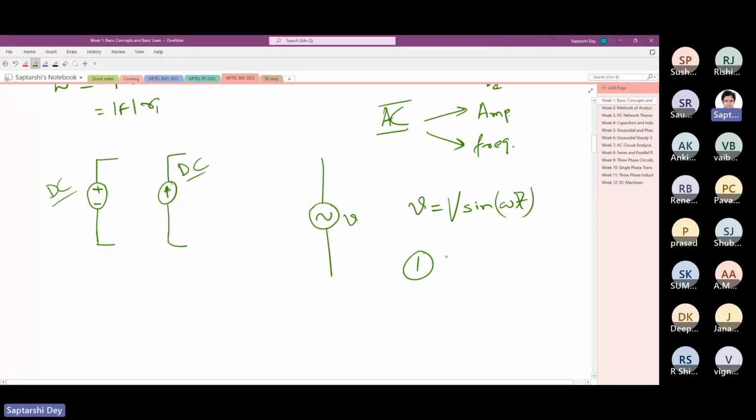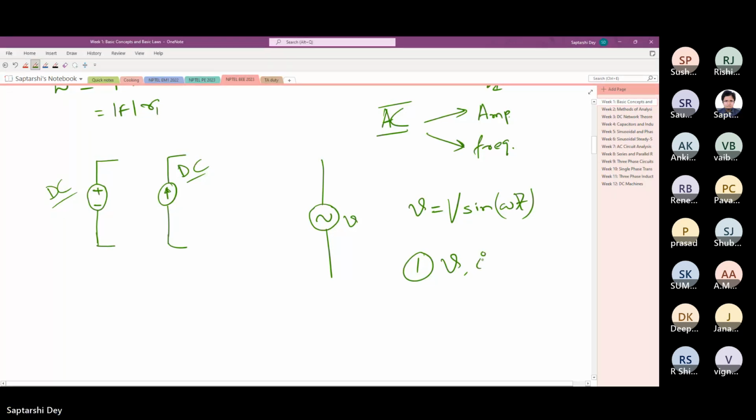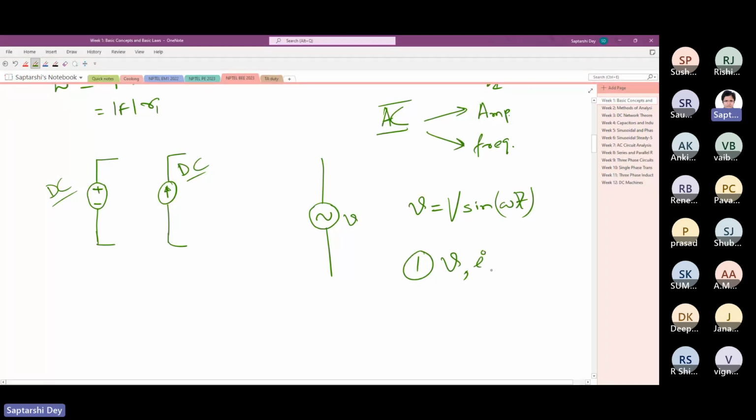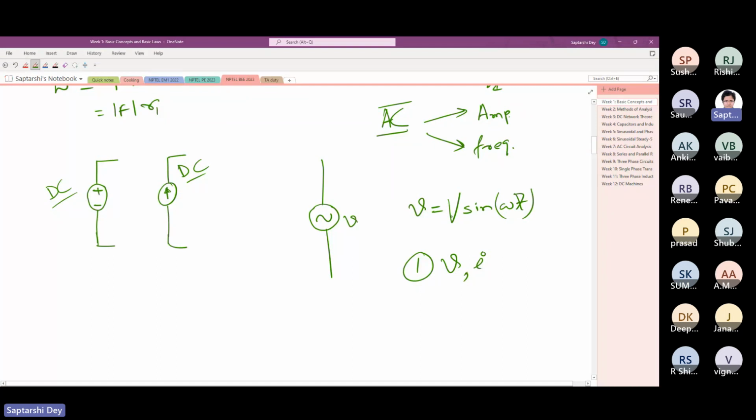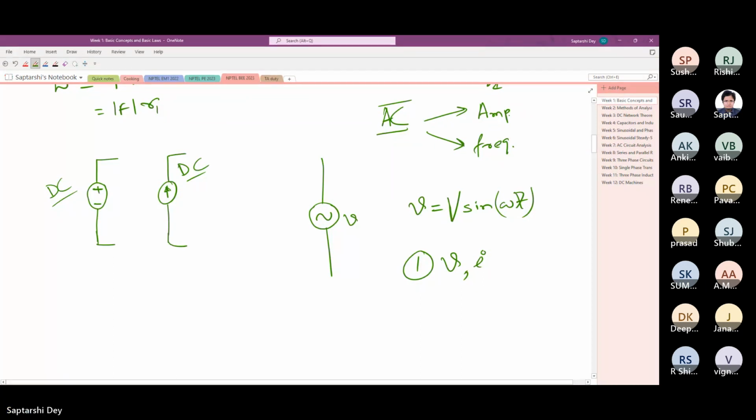First question is, when I write this lowercase letter v or i, whatever, what does it mean? What does this lowercase indicate? See, I have written v equals V sine omega t. This v is lowercase, this V is uppercase. So what is the meaning of a lowercase variable?